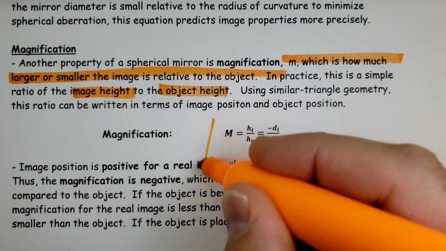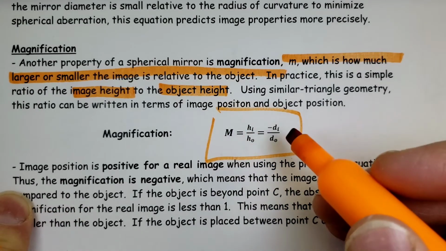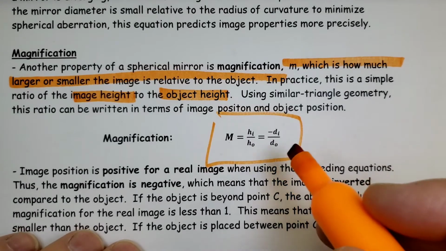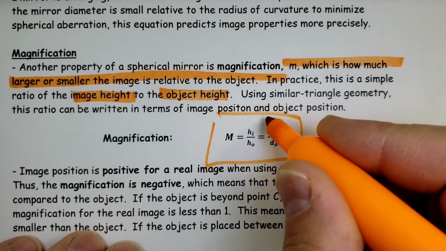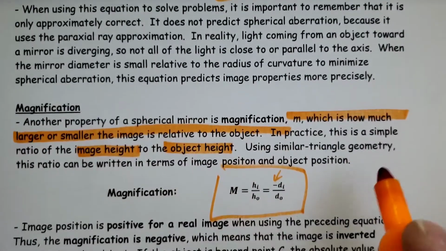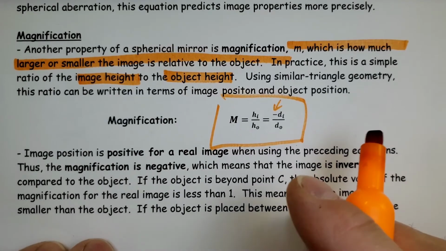So here it is right here. We can either relate image height to object height, or we can use distance of image to distance of object, and we have a negative sign inserted there. We'll see why when we go through a bunch of examples, because the negative tells us whether it's inverted or upright.